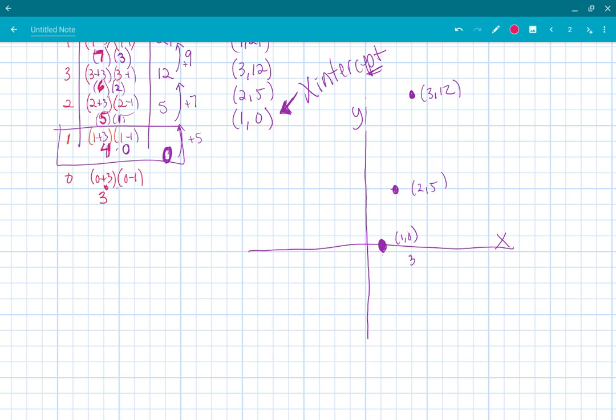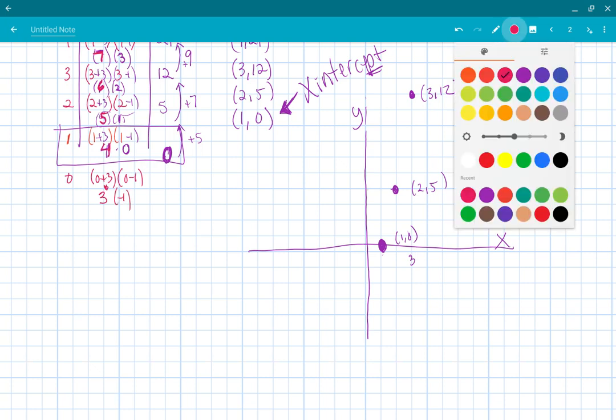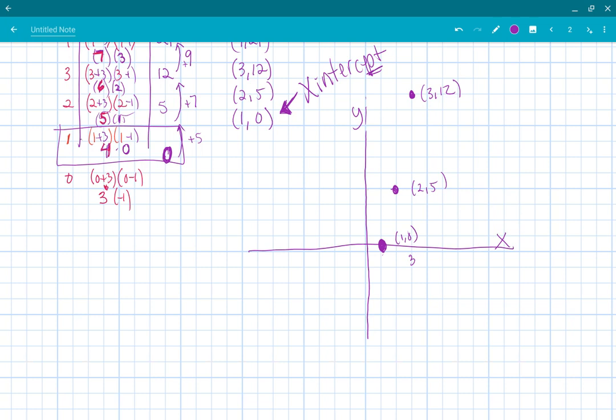And what is 0 minus 1? Negative 1. So what's the output? What is the y? 3 times negative 1 is negative 3. So this is going to be (0, -3). So this is the y-intercept.